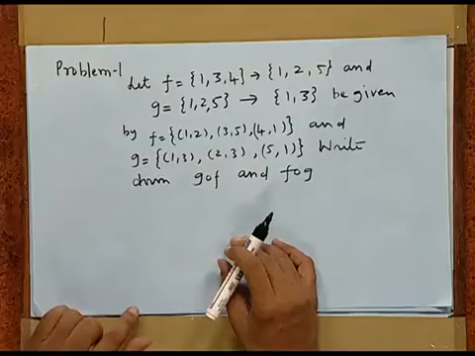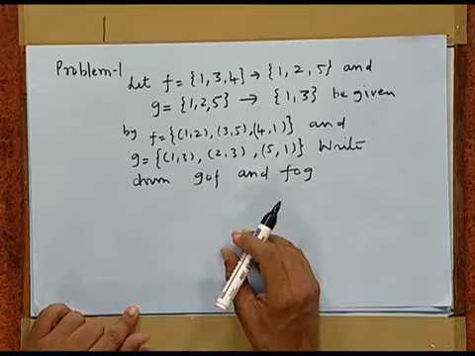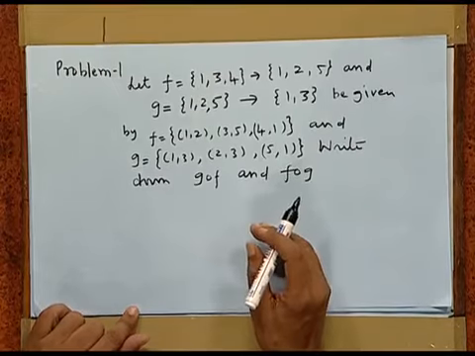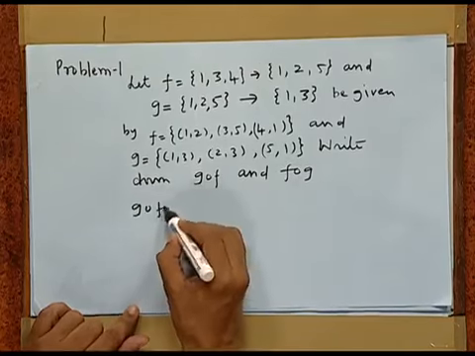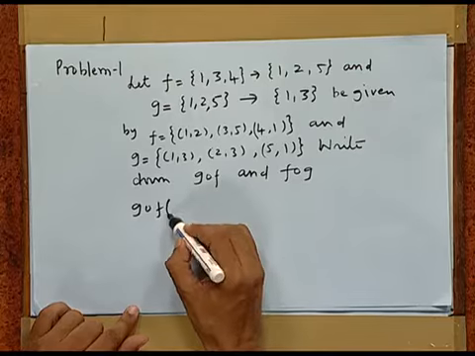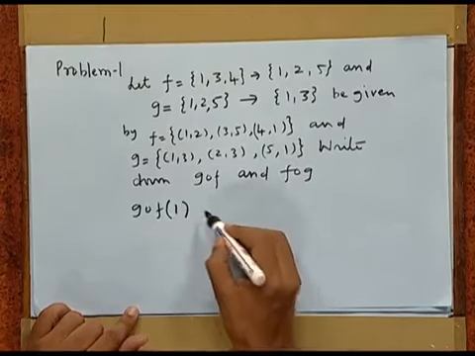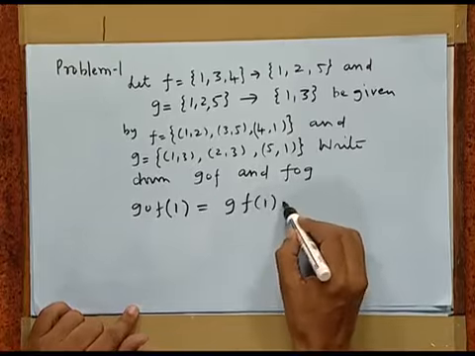Let us take now an example. We are given two functions f and g, and we have to find GOF as well as FOG. First we find GOF. For GOF of each element, say first 1, this is G of f of 1.